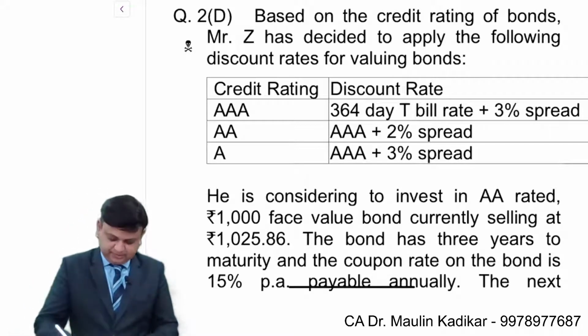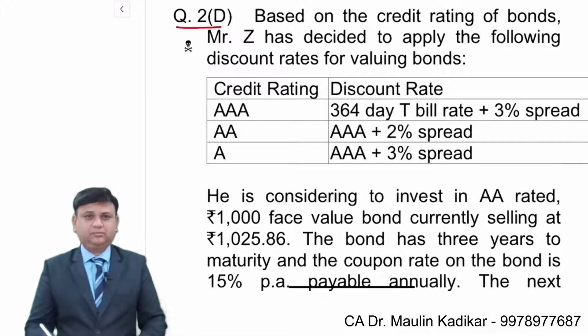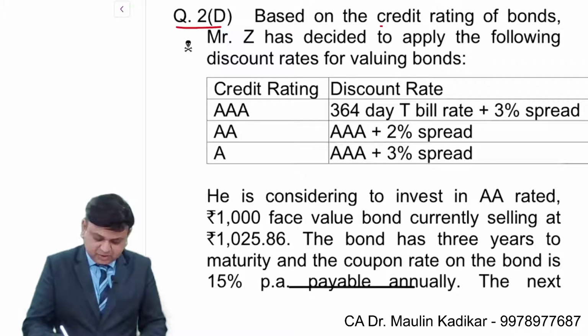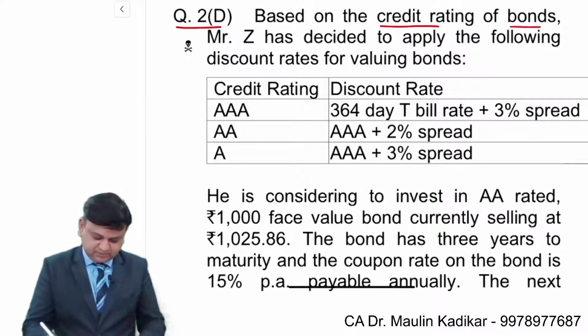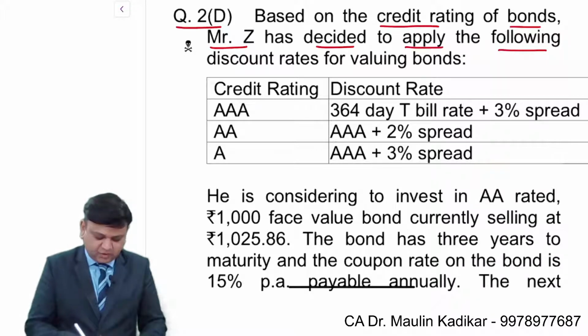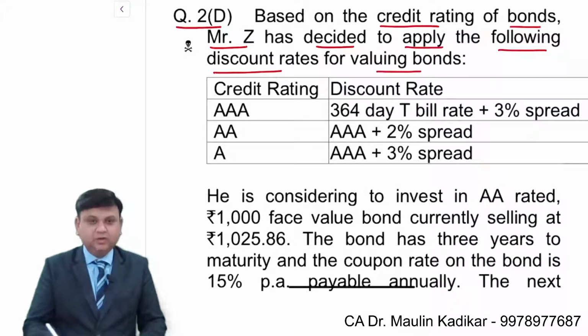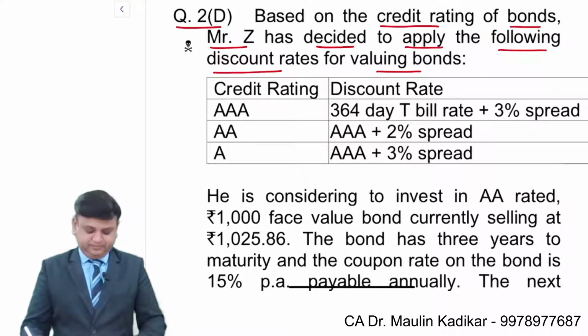Question number 2D. Based on the credit rating of the bonds, Mr. Z has decided to apply the following discounting rates for valuation of the bond.